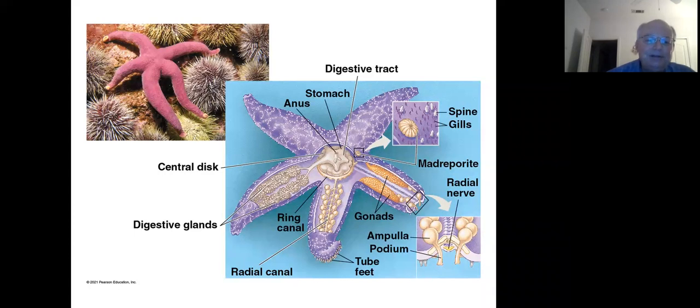It has the ability to lock its muscles in the contracted state. So once it wraps its arms around the bivalve, the clam, and locks its arms into place via the tube feet, it then contracts the muscles to start pulling on the shell and locks the muscles in that contracted state, which is now putting strain on the adductor muscles of the bivalve.